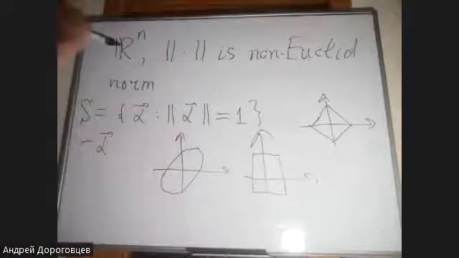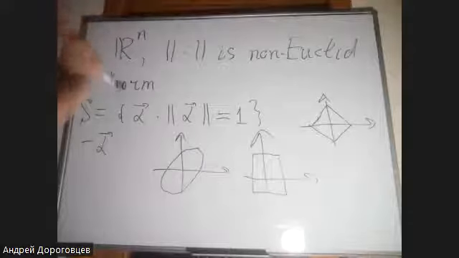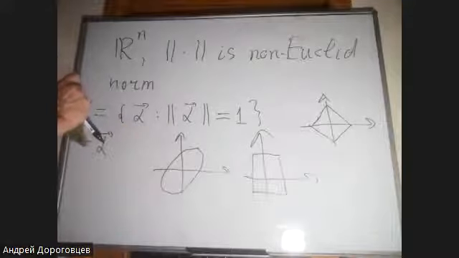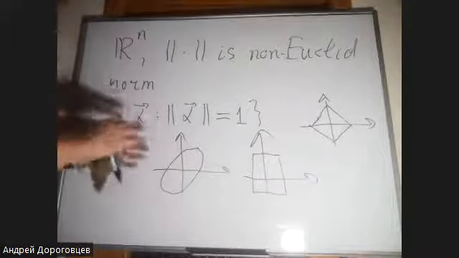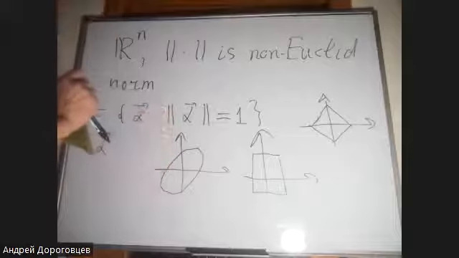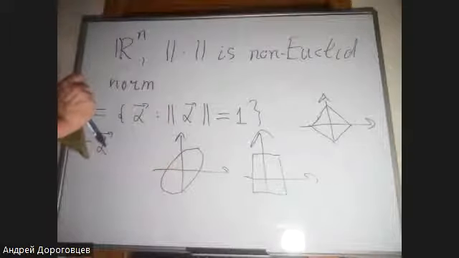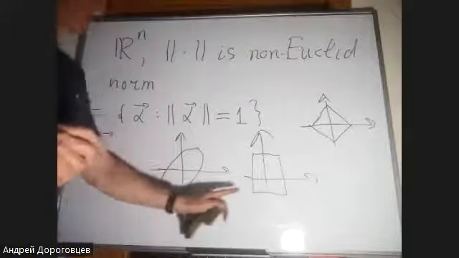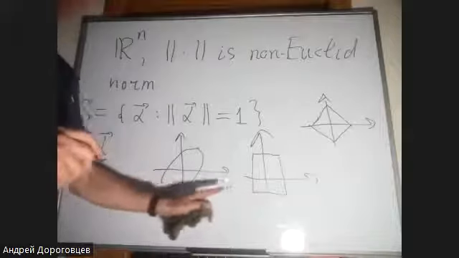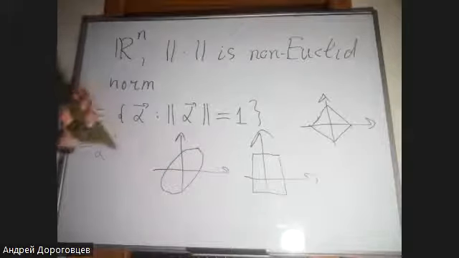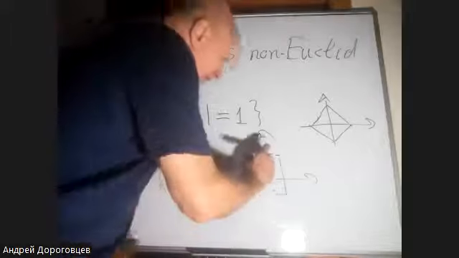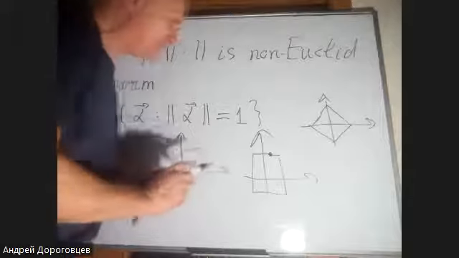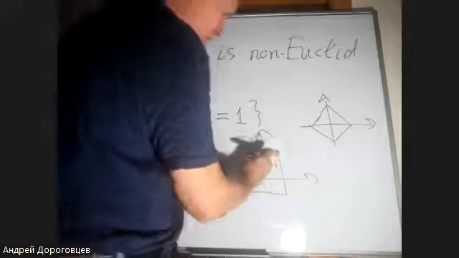What is interesting? Of course, in an arbitrary Banach space, the picture will be more or less the same. We will have a convex body which defines the norm, and let us see the difference between these two pictures. What is the difference? If we take here on the boundary some point, it belongs to the boundary with an interval.